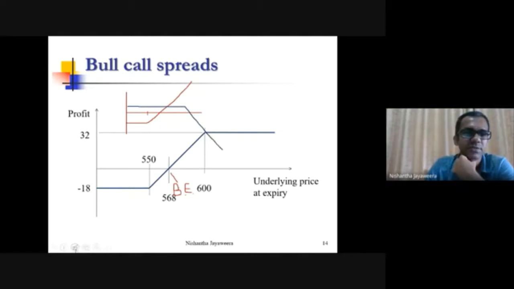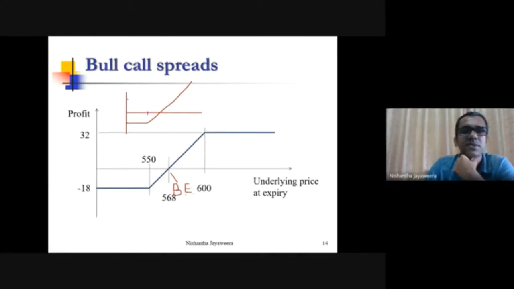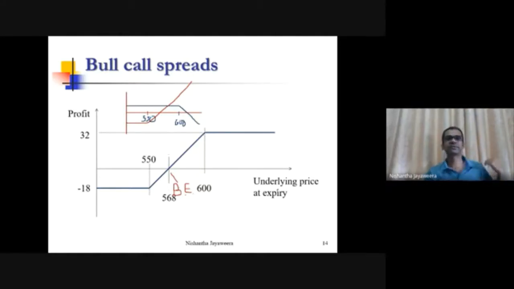So I'll delete this part. You receive premium up to this 600, then you lose. This is 600. This is 550. The big picture shows the net impact of these two, correct?